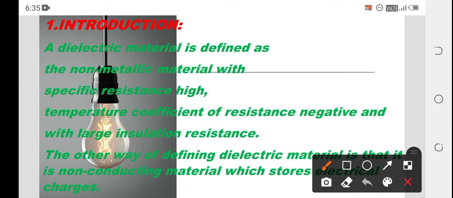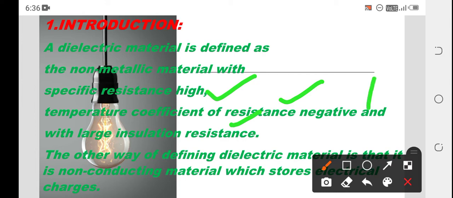Specific resistance is high, temperature coefficient of resistance is negative, and insulation resistance is large.